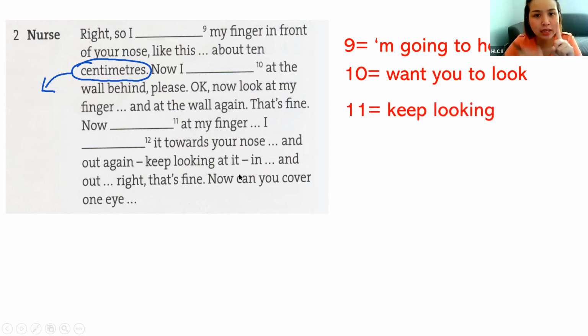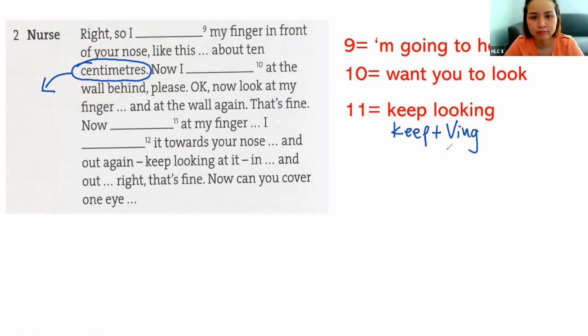When you say keep looking, keep plus verb ing, it means continue. For example, keep walking means continue walking. Don't stop.